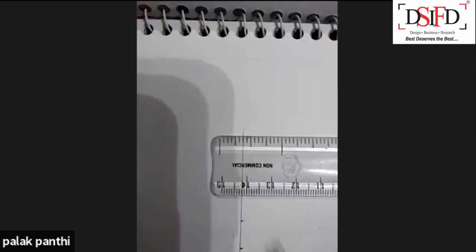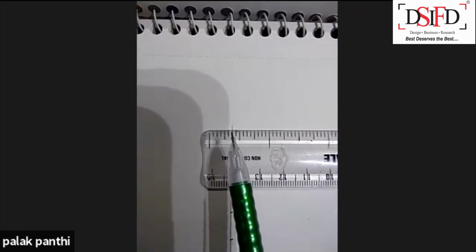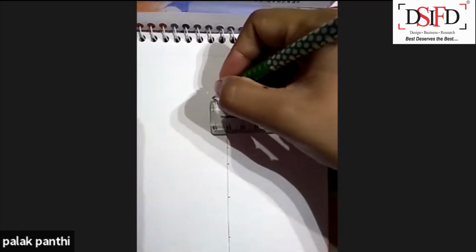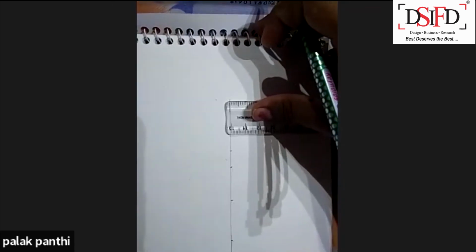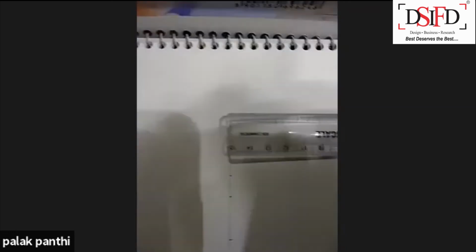You can see how I have kept it. I have kept it 1 division extra than 0.25. Okay. Now I'll just mark a point. And whenever you are drawing, just draw it very light-handedly. Don't do it with a lot of pressure, because these lines you have to erase after all. These are just guidelines for you to draw the figure.